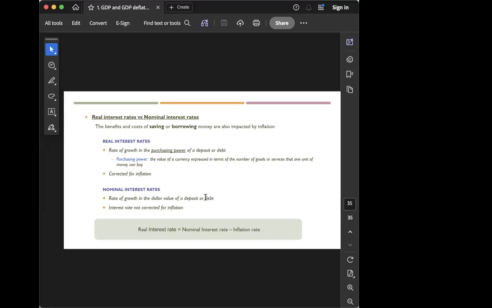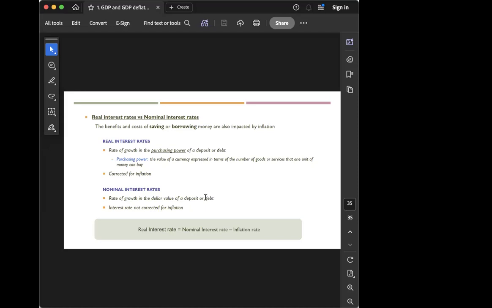There is a simple formula: real interest rate equals nominal interest rate minus inflation rate. For example, suppose your bank account pays a 5% nominal interest rate, and the inflation rate is 3%. Then your real interest rate is just about 2%.